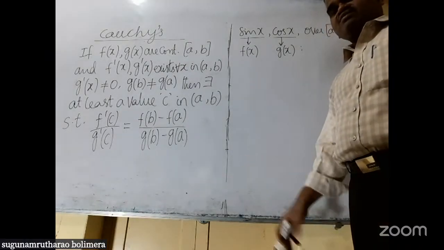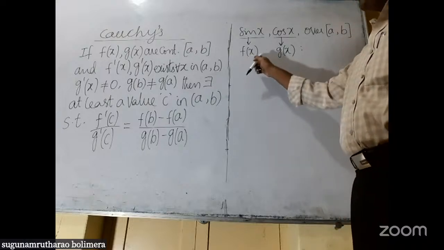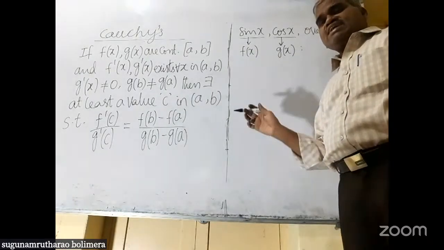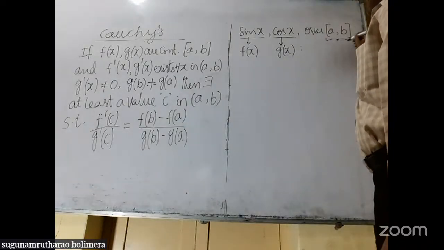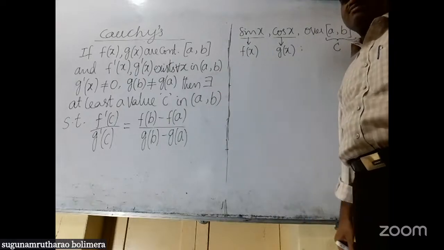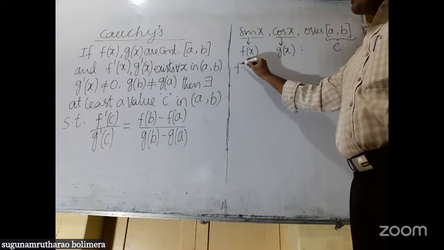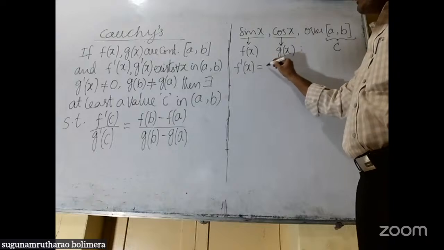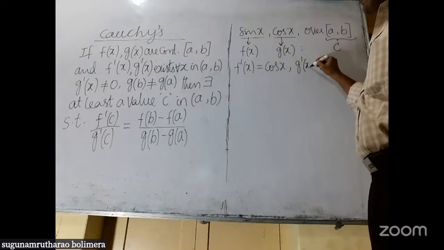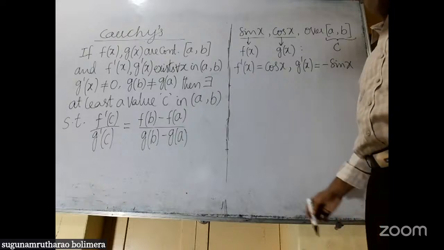Okay, in the beginning we have discussed limit and continuity. Now, we need to find a value c between a and b satisfying f dash of c by g dash of c. So f dash of x is cos x, g dash of x is minus sin x. It's about the derivatives.